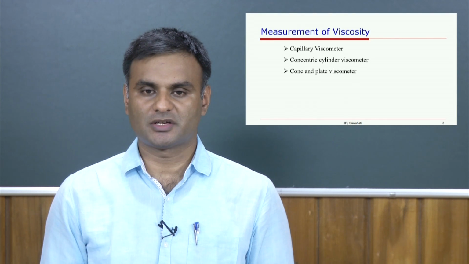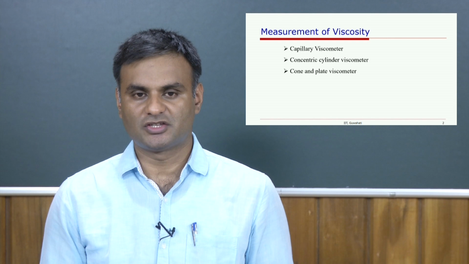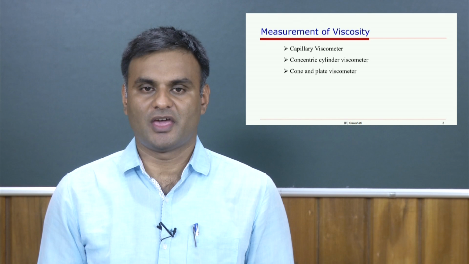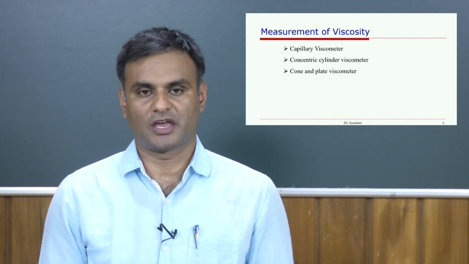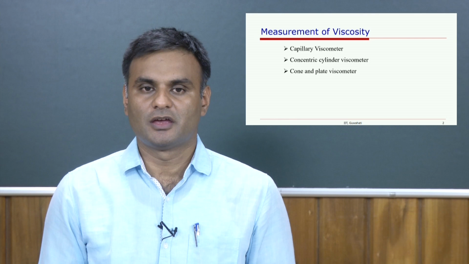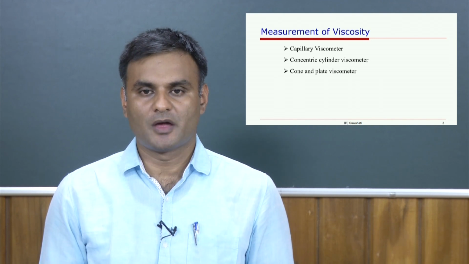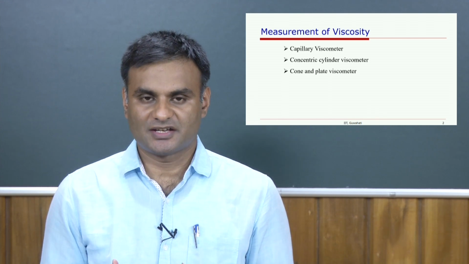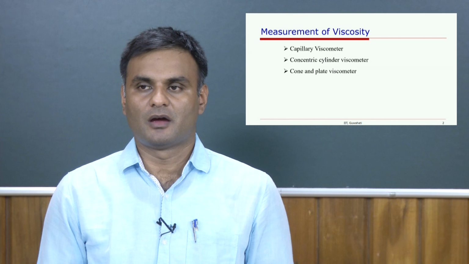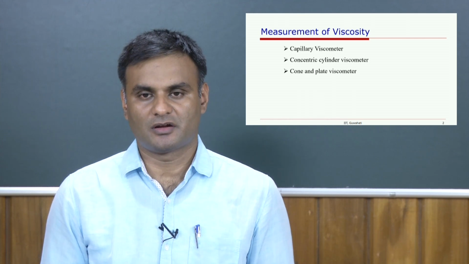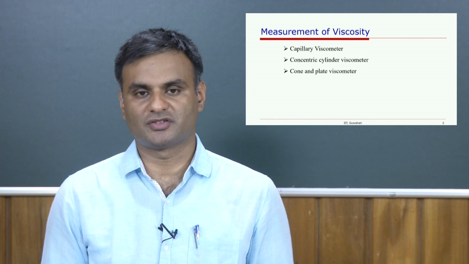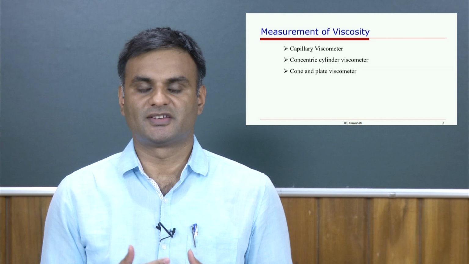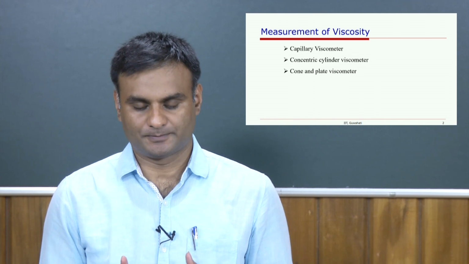A viscometer, in my opinion, is an instrument using which the viscosity of a Newtonian fluid can be measured, whereas rheometer is a general term by which the rheological characteristics, including non-Newtonian viscosity or apparent viscosity, which is generally defined as the ratio of shear stress and shear rate, are measured.